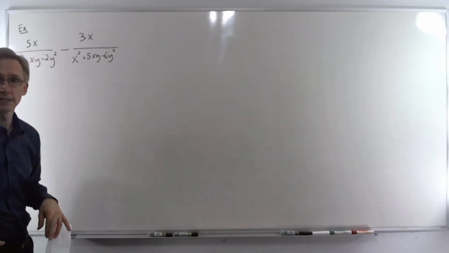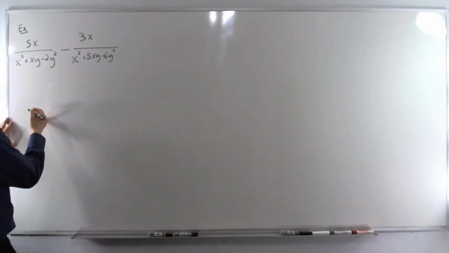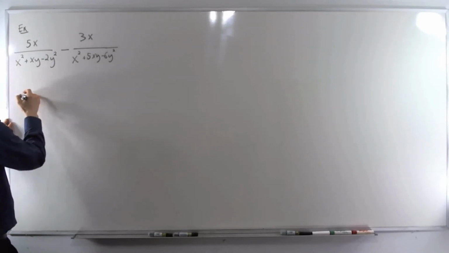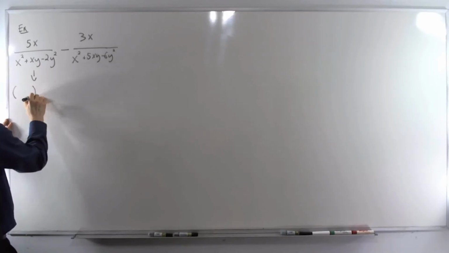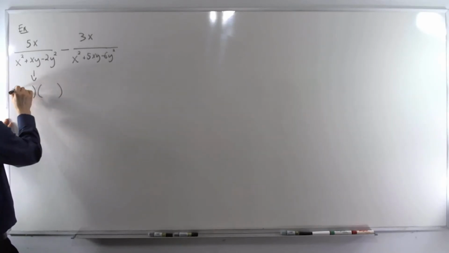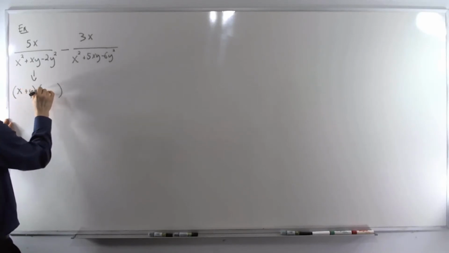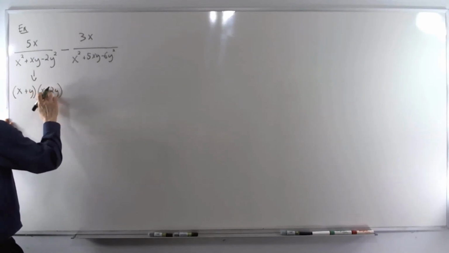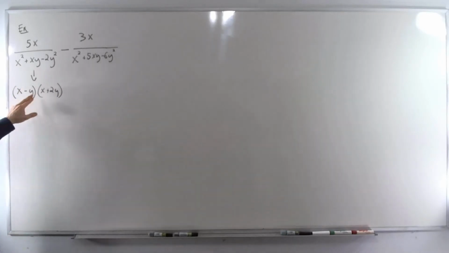So just like the last example, we're going to start by factoring. We've got a little trickier factoring problems here, multiple variables. And we're going to factor this one. This factors into x minus y times x plus 2y.